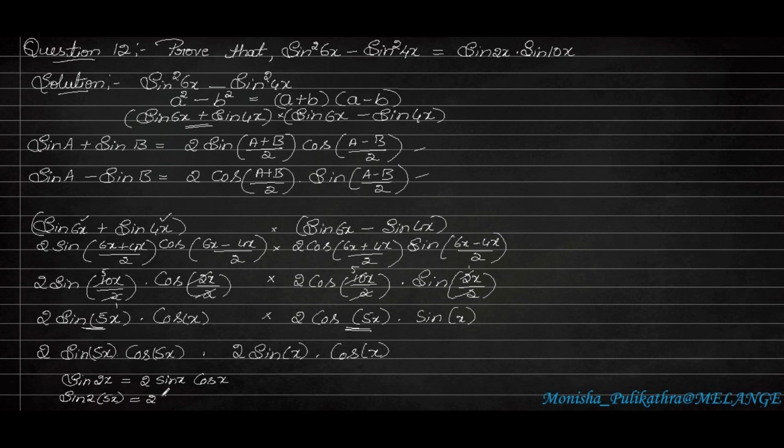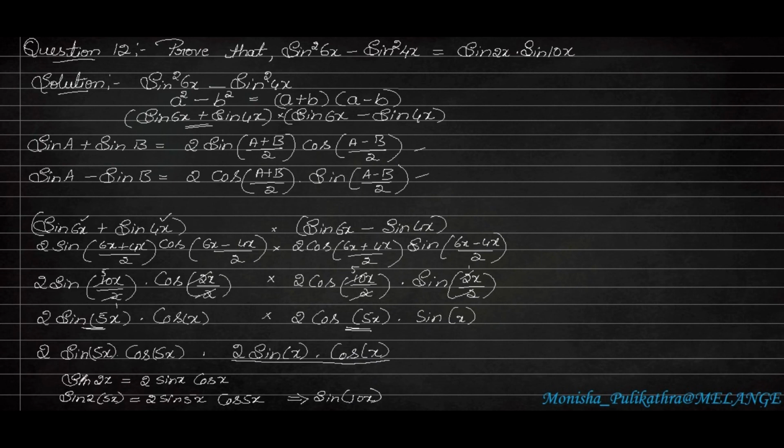So it will become 2 sin, in the place of x we have to write 5x, and here also cos 5x. You can see here 2 sin 5x cos 5x. So this is equal to sin 2 into 5 is 10, so sin 10x.